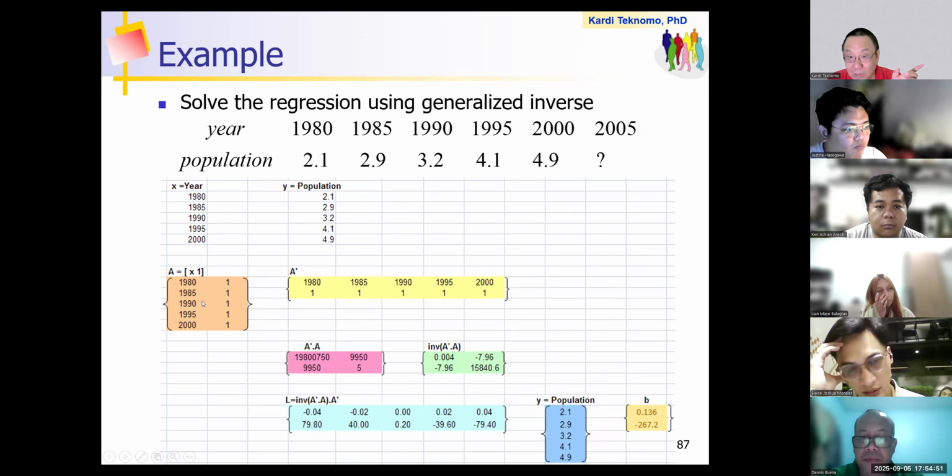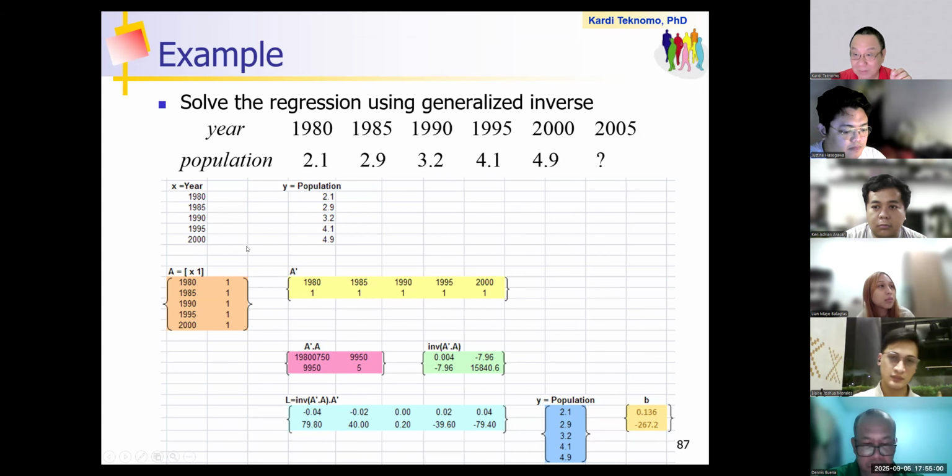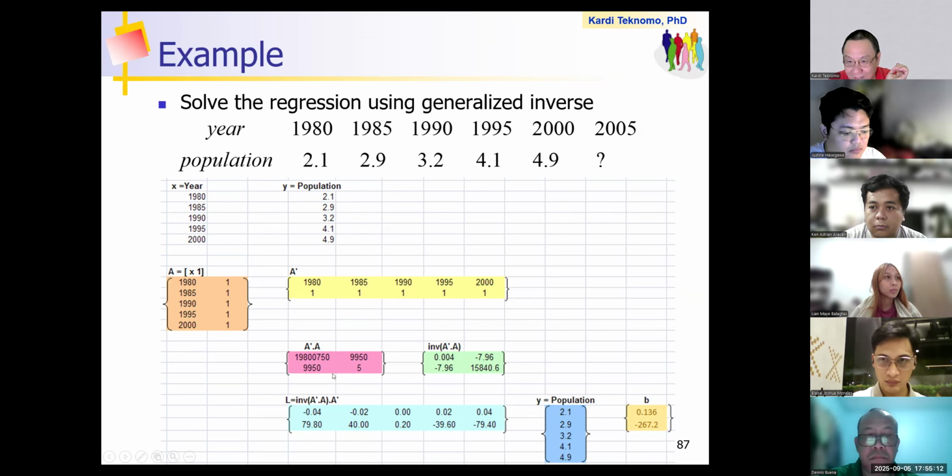So I have A, then I transpose first. In Excel, you just use equal transpose. Then A transpose multiplied by A.